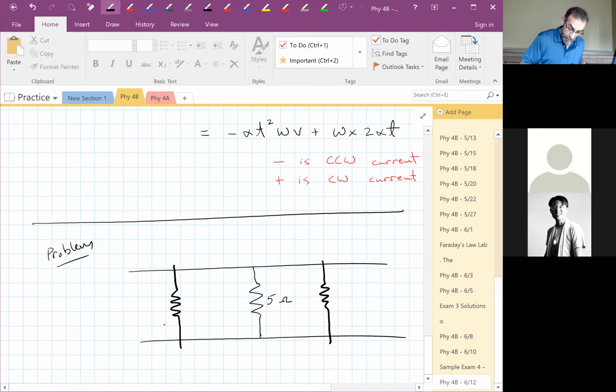Okay, this will be moving this way, 4 meters per second. This will be moving that way at 2 meters per second. This is a 10 ohm. This is a 5 ohm. 10, 5, 15. What else do we need? 10 centimeters.